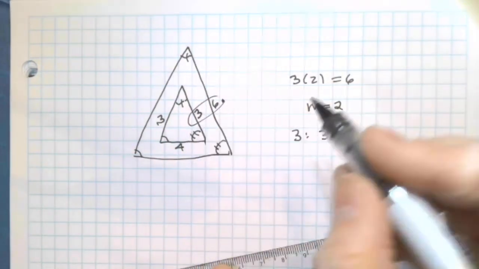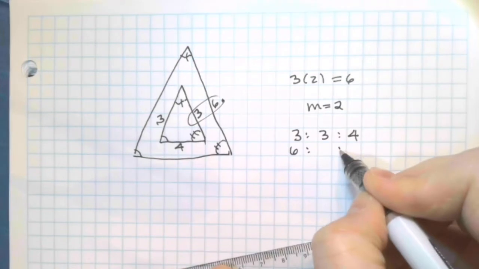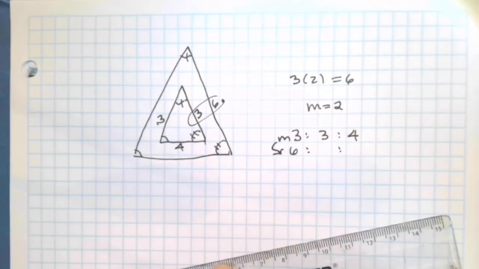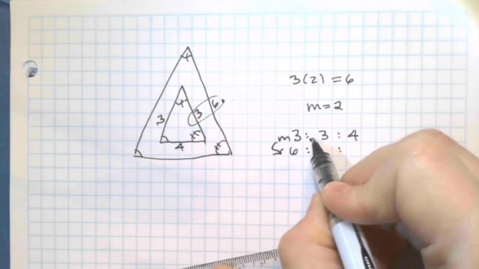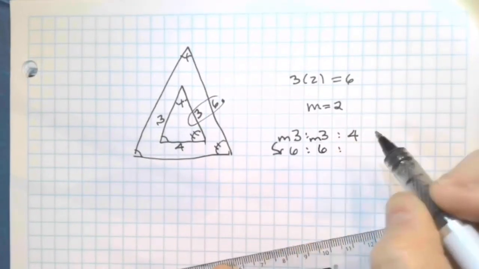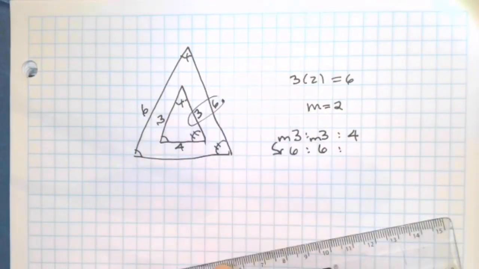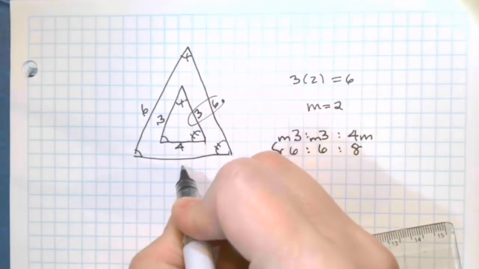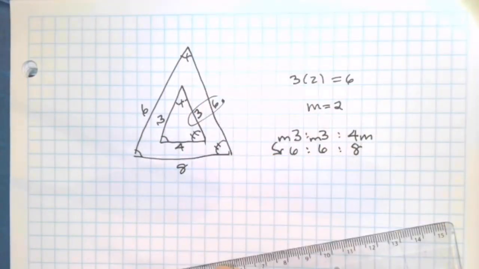So in this case, 3 and 6 matched up. 3 times my magic multiplier is 6, and we apply the same magic multiplier to the other sides. 3 times m will be 6 for the other side length on the triangle. 4 times m is 2, so 4 times m will be 8. So the bottom length will be 8.